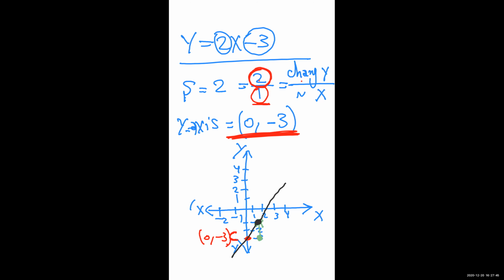Are we clear? Yes. Again, guys, it's 0 and -3, the intersection with the y-axis. Now the change or the slope here: the change on y is 2 and the change on x is 1. So move 1 positive movement on the x-axis in this direction.